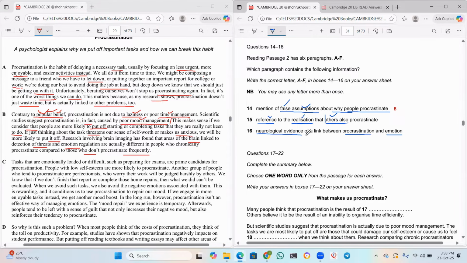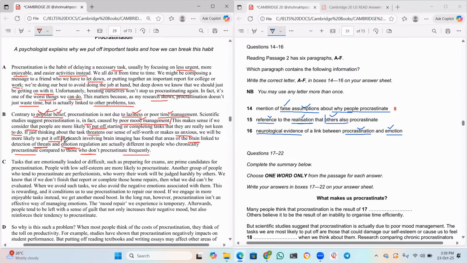And neurological evidence of a link between procrastination and emotion. Okay, good. Did we read anything like this, sir? Any evidence? I think yes, right? Now, look at the last sentence, guys. Research involving brain imaging has found that areas of the brain linked to detection of threats and emotion regulation are actually different in people who chronically procrastinate compared to those who don't procrastinate frequently. Yes, sir.